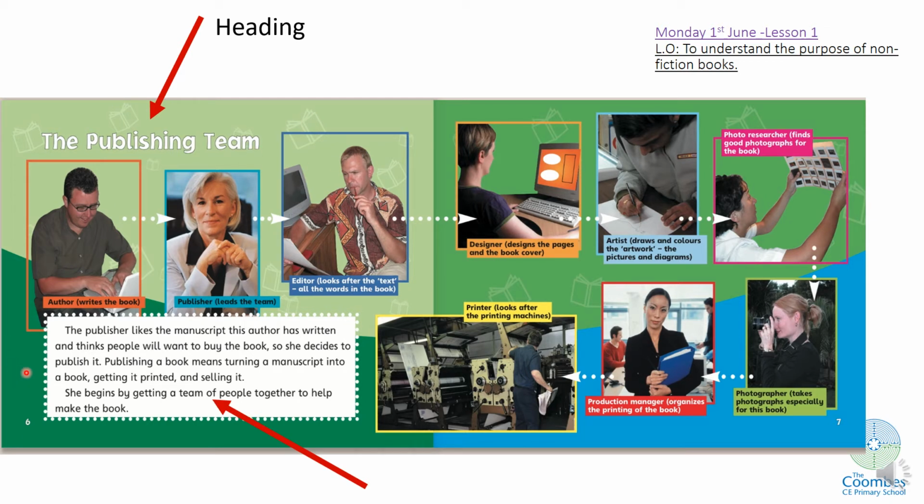Down here are some facts. So it tells us what publishing is and some more information about it. These facts are written in sentences. So they are full sentences explaining about the publishing team.